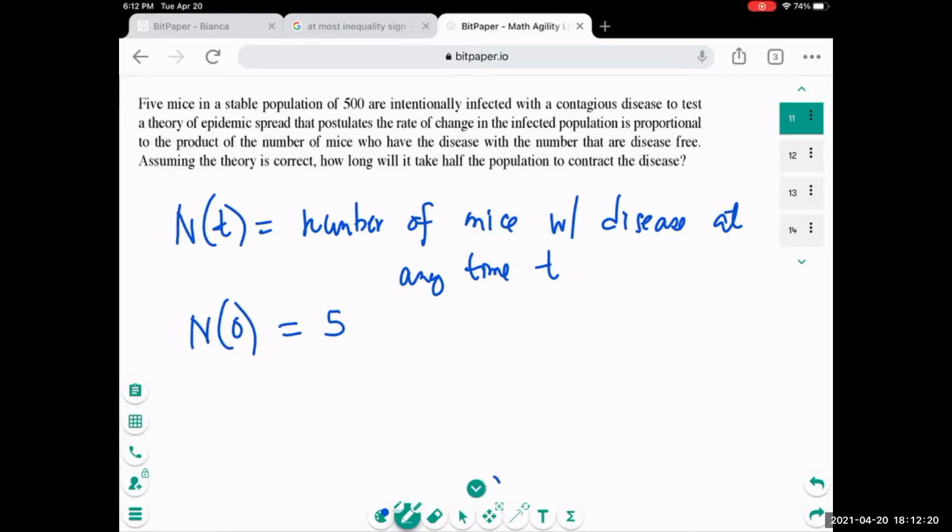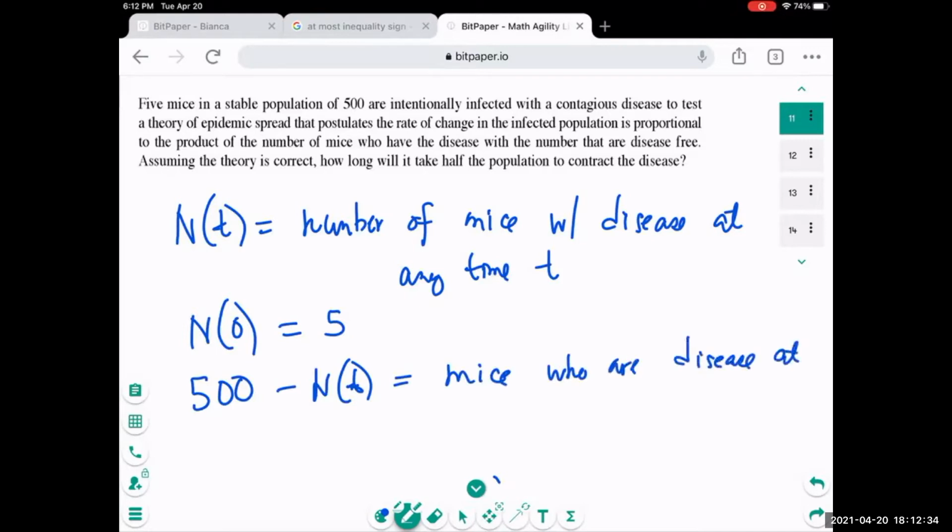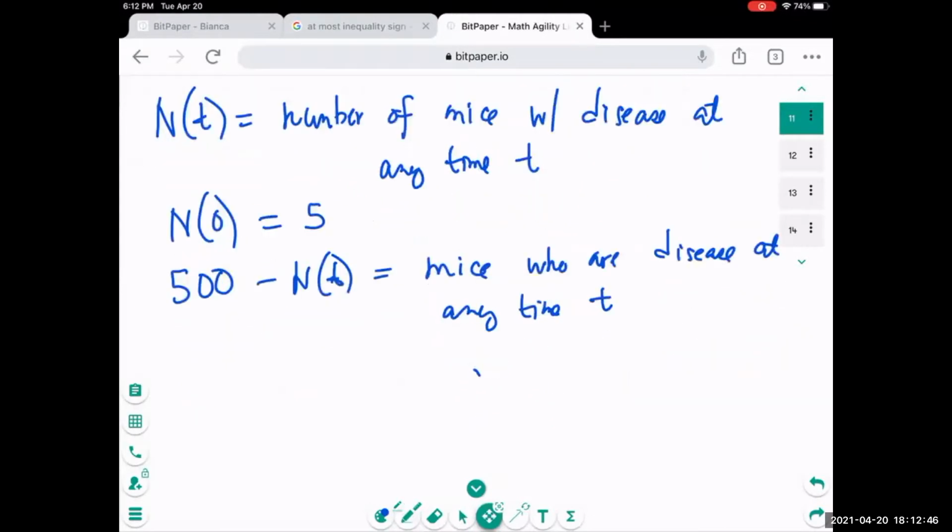Then we can compute the number of disease-free mice at any time t.